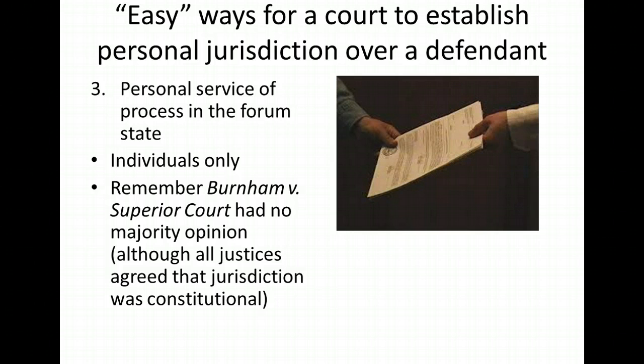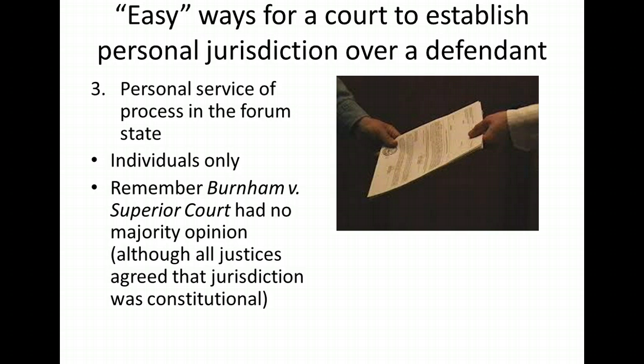And so while all the justices agreed that jurisdiction over Mr. Burnham in the state of California, based on his service of process in the forum, was constitutional, they disagreed on the reasoning, with Justice Scalia taking the position, basically, that service of process in the forum state always establishes constitutional jurisdiction, with the possible exception of the person being there by force or through some sort of fraud.